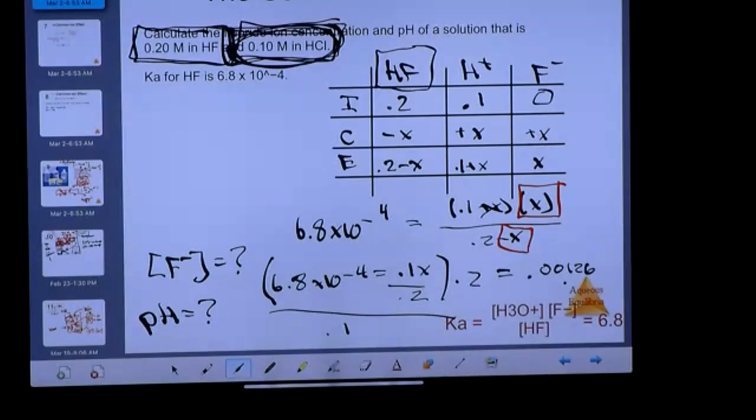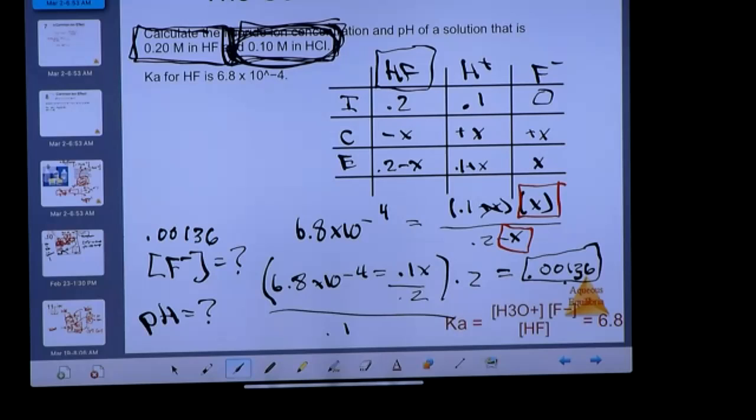Okay, now. 136, okay. Okay, now is that an answer? That's this one, right? 0.00136. That's that answer. That is a correct answer.